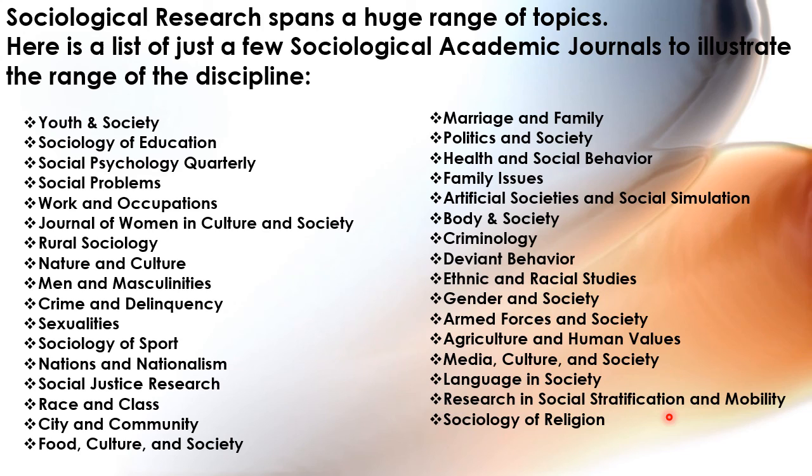And then we went over a few issues and ethical considerations when it comes to sociological research. Particularly keep in mind that Hawthorne effect, because we'll see that on the Chapter 2 quiz.